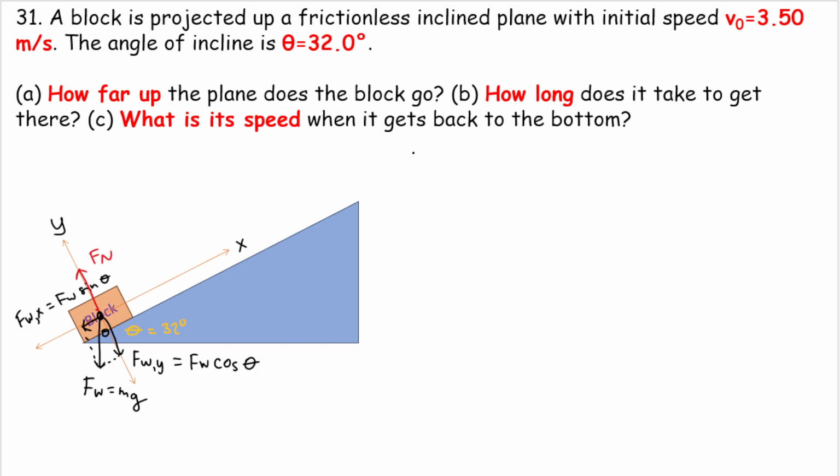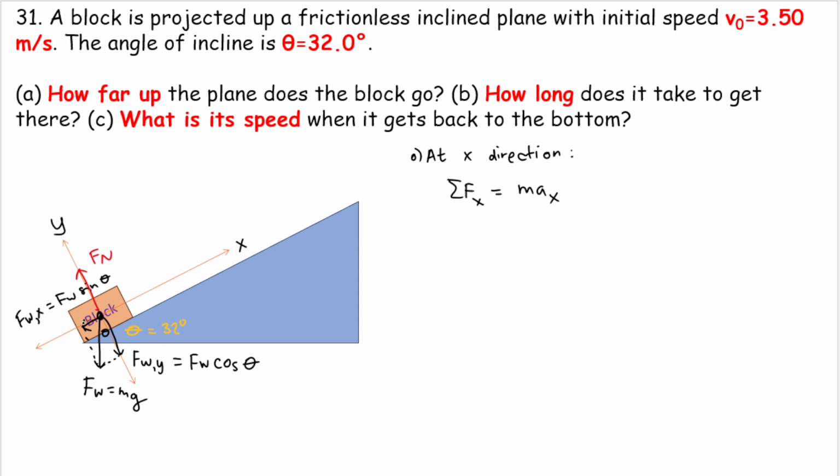So in the x direction, I will use Newton's second law: sigma F is equal to mass times acceleration. Since this is the x direction, I will have x here and the acceleration also in x. The only force that works on the x-axis is Fwx.